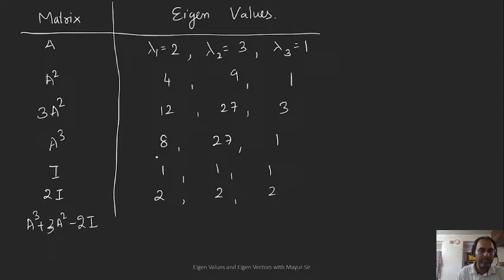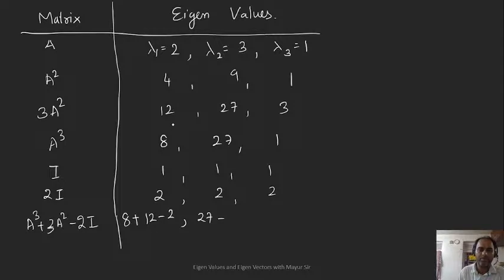When you want this, you do 8, A cube eigenvalue is 8, and then you have plus 3A square, which is 12.